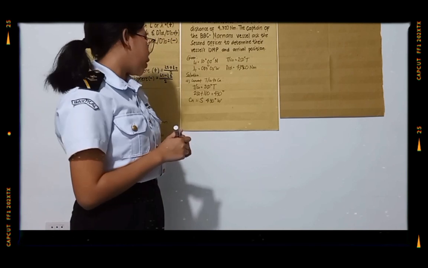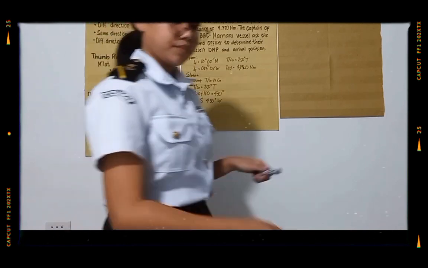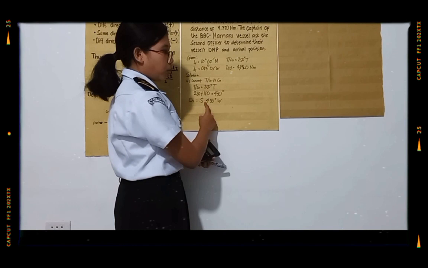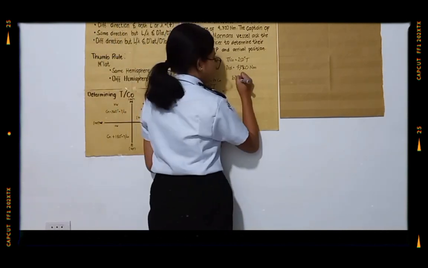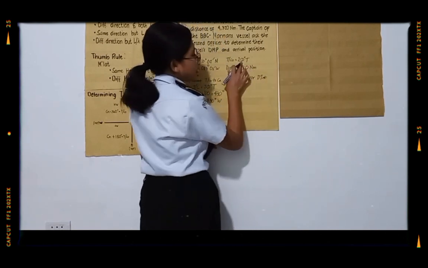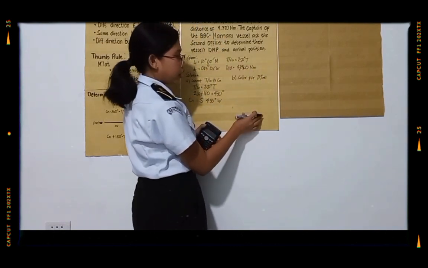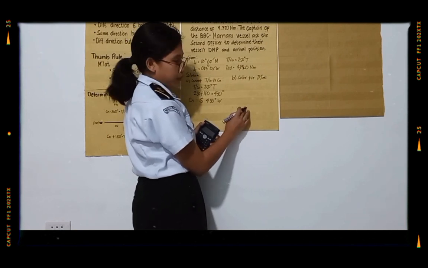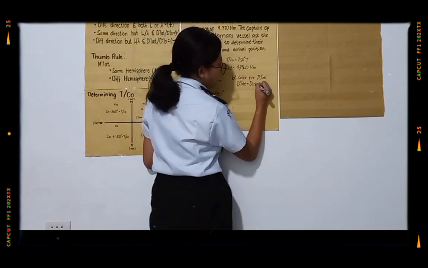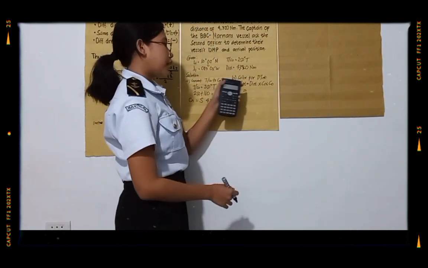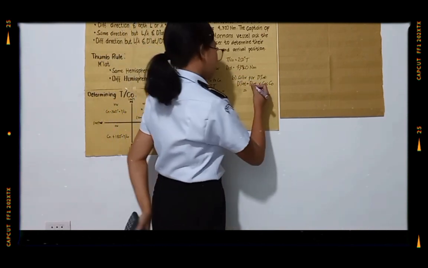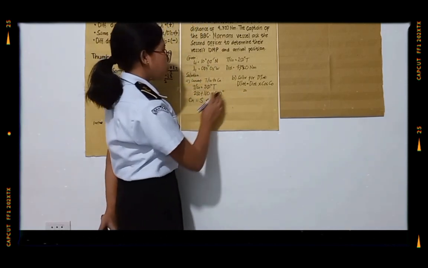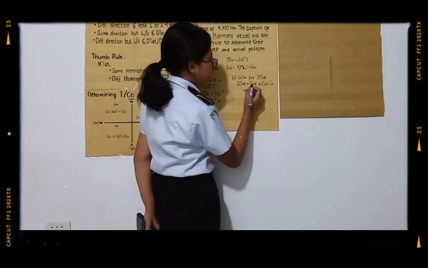Now let's find the DLAT. We convert this one in order to avoid getting a negative answer in DLAT. If we use this here, we get a negative answer, but the same answer would be the result. Having the formula DLAT is equal to distance times cos course. Distance is equal to 4,320.